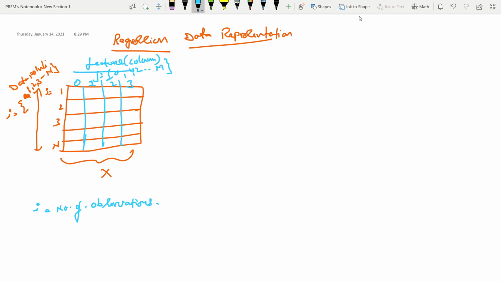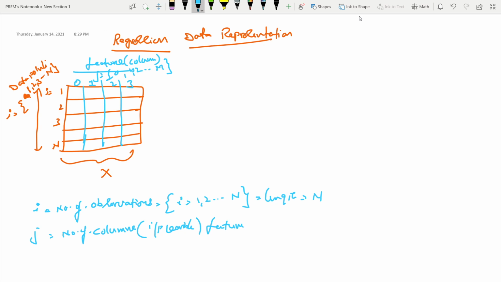You can call i equal to 1, 2 up to n, so it means length n observations, and j means number of columns, or you can call them input variables or the features, starting from j value 0, 1, 2 up to m. So 0 to m means the length is equal to m plus 1.